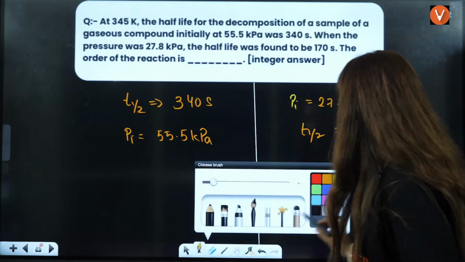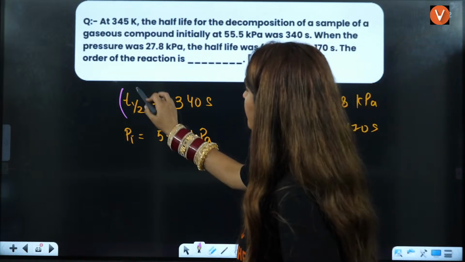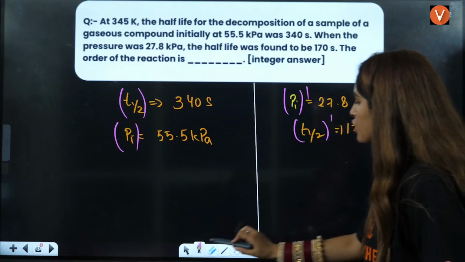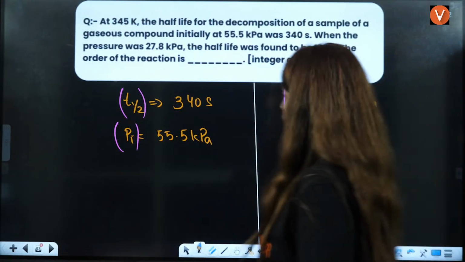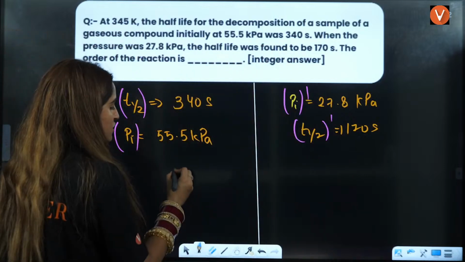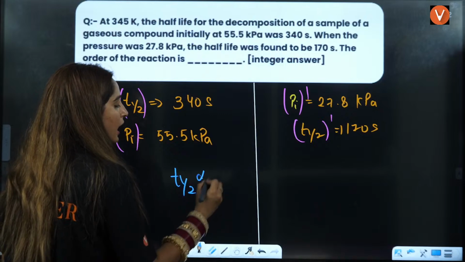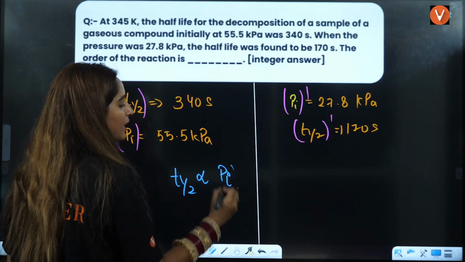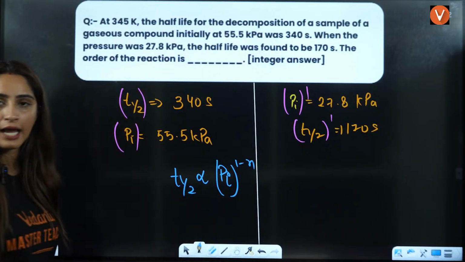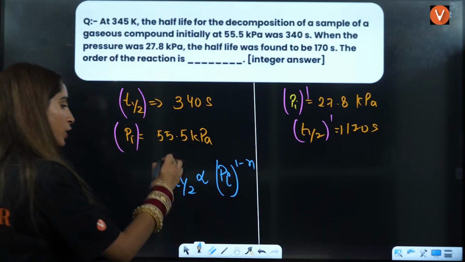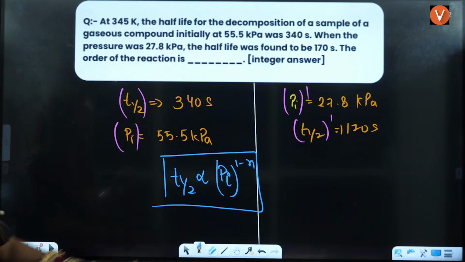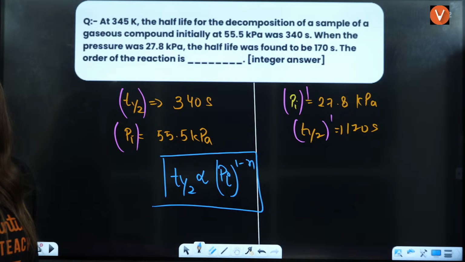So you can name it as the first one and the second one. What you should know is that t-half and initial concentration or pressure are related: t-half is proportional to Pi to the power 1 minus n. This is the equation. You can take the ratio. They are asking you the order of the reaction. n is what you have to find out here.